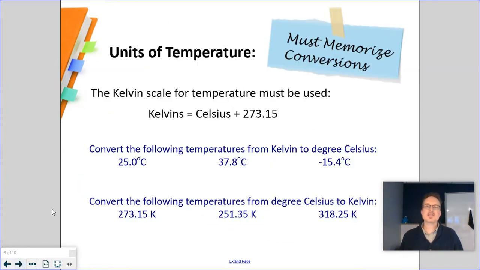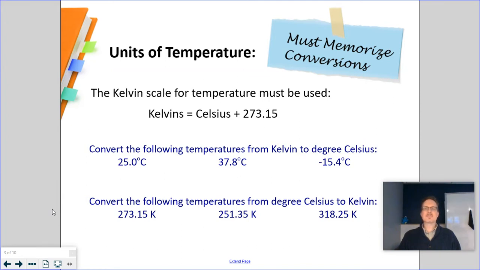In order for us to talk about this relationship between volume and temperature, we need to understand temperature first. Temperature in the lab, we measure in degrees Celsius. However, to use Charles' law, we cannot use degrees Celsius. Every temperature we have has to be converted to a unit called Kelvin.